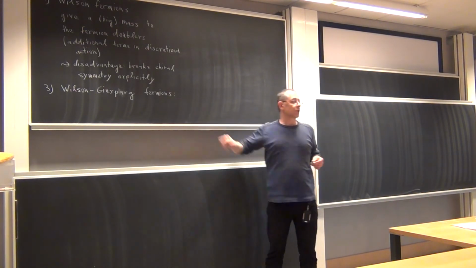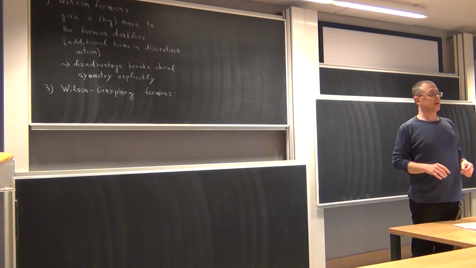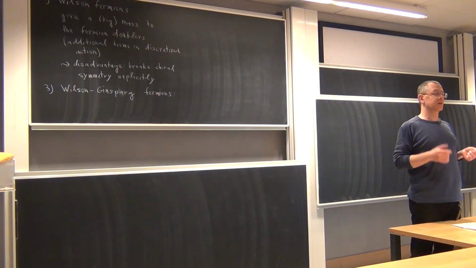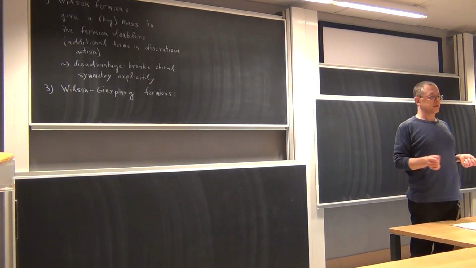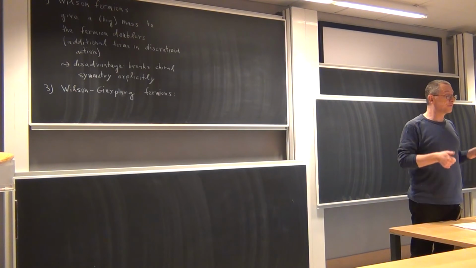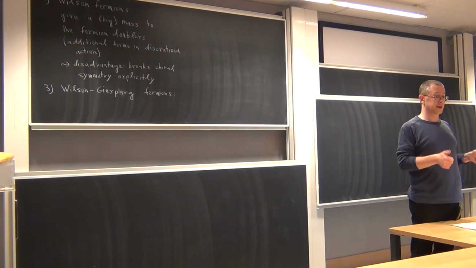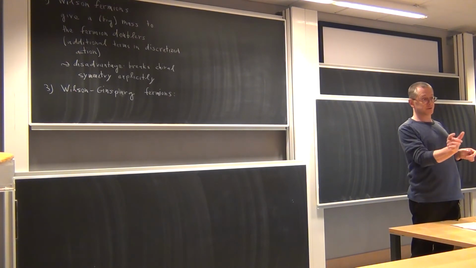This here is much more clever. This here circumvents the no-go theorem in the following way. One defines an exact symmetry on the lattice, which looks different from the continuum limit chiral symmetry. But one has on the lattice an exact symmetry for every grid distance.